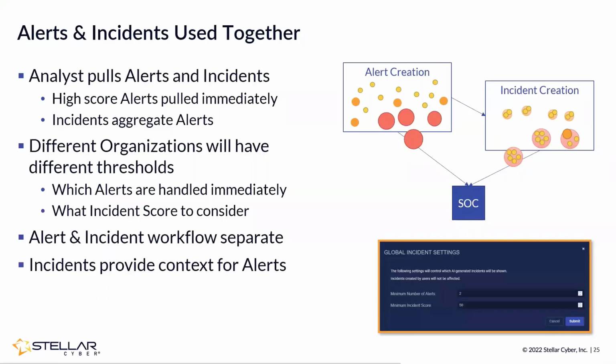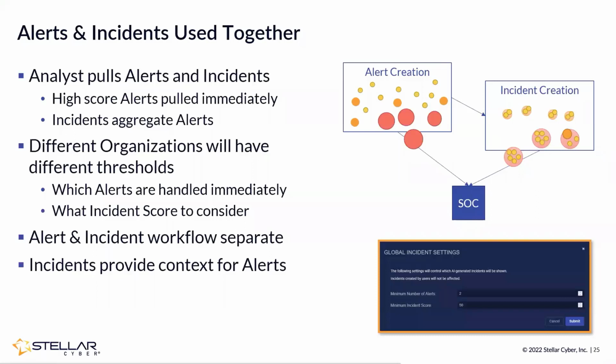Every organization, if we go back to the original process, will have different thresholds based on their risk tolerance and risk nature, risk policy, risk analysis. But there's going to be two different things. There's going to be which alerts must be handled immediately. So we see ransomware on the network, we see DNS tunneling on the network, something in the 90s, boom, we have to respond.